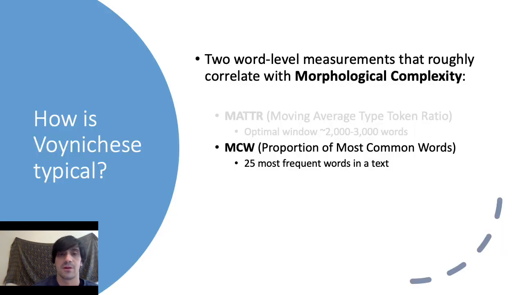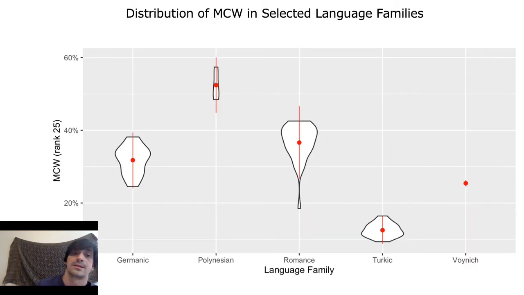The other measurement we've been looking at is the proportion of the text taken up by the most common words, a certain number. So 25 we found is a good number. So the 25 most common words and how much of the text is taken up by these words. And there is an inverse situation here, where the more morphologically complex languages tend to have a lower distribution, because the most common words in these languages will take up less of the overall text because of things like there might be gender distinctions.